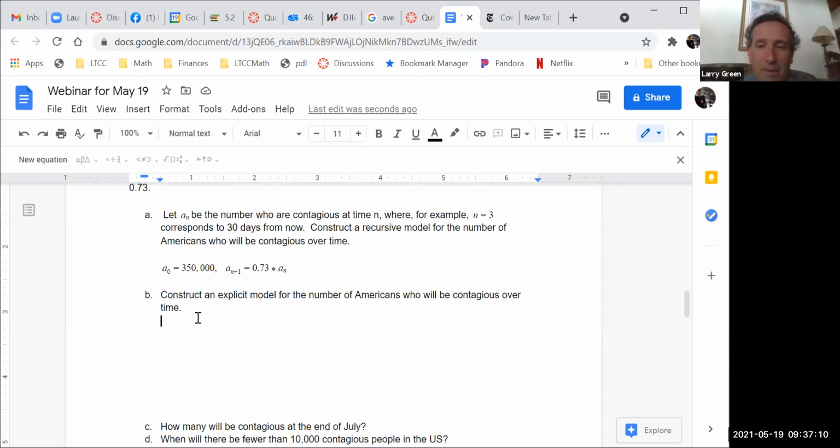And let's see if you can come up with it. Again, the hardest part is just typing it in the chat box because it's really simple. And it's not even that hard. So what's an explicit model? Because we just did a recursive.